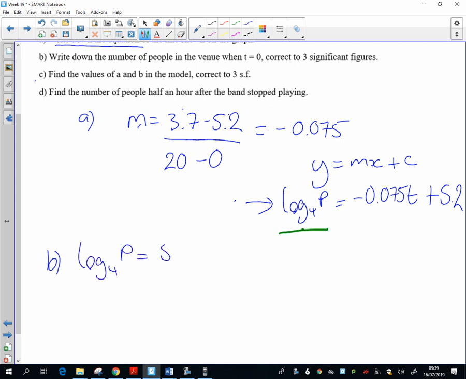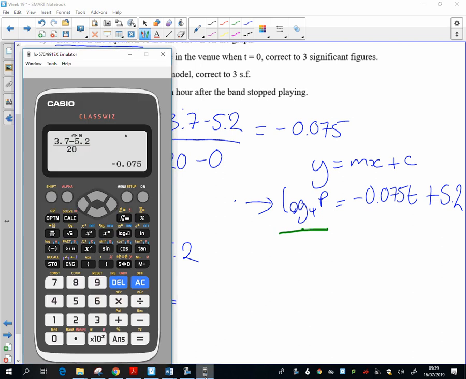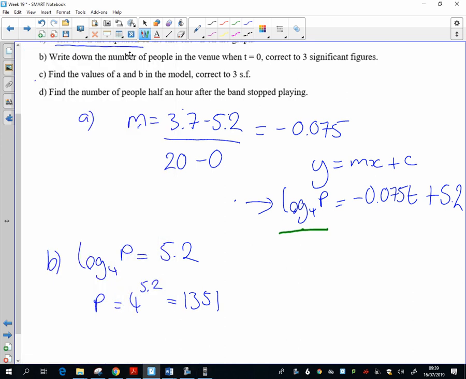So if t is 0, that just becomes log to the base 4 of p is 5.2. So p is 4 to the power of 5.2. Okay, so 1, 3, 5, 1, and then what does it ask me to round to? Correct, to 3 significant figures, so 1, 3, 5, 0.